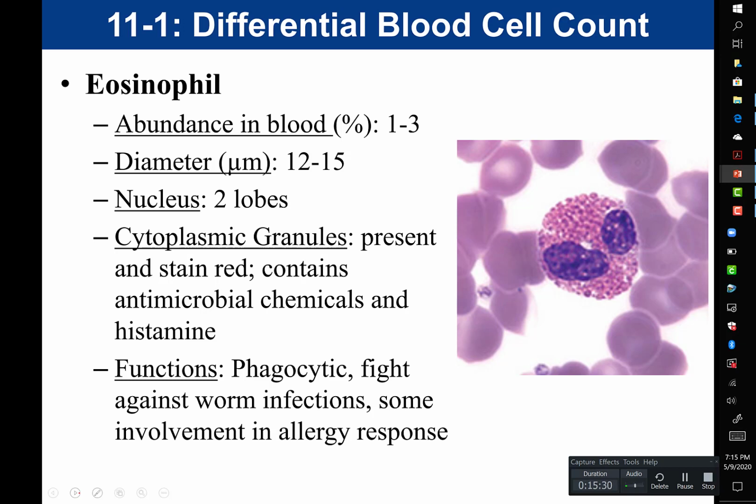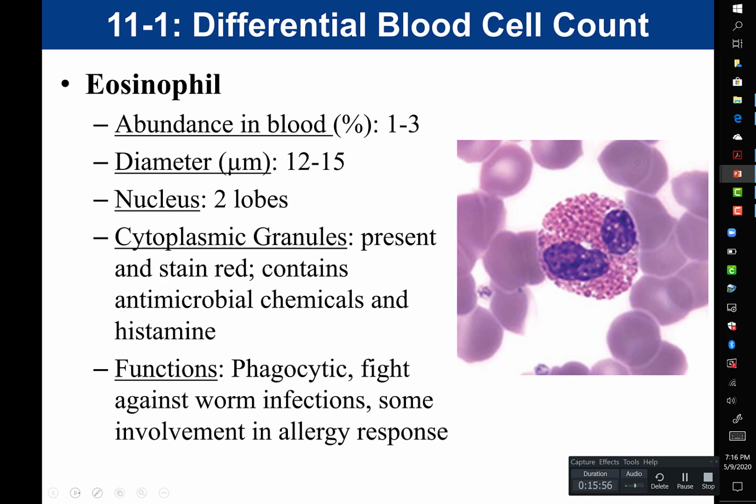Eosinophils never let monkeys eat bananas. Notice it's the second to last in terms of abundance, so it's pretty rare. About 1 to 3% of white blood cells will be eosinophils. And in terms of their diameter, they are between 12 to 15 micrometers in size.